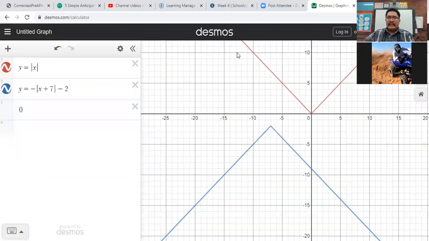Now if I back out a little bit, you can see that it used to be where this red is. And again, it's been reflected. So it's opening downward. And then we move it this way and then move it down. So that's kind of what's going on with it. So yeah, it's been reflected, moved left, and moved down.